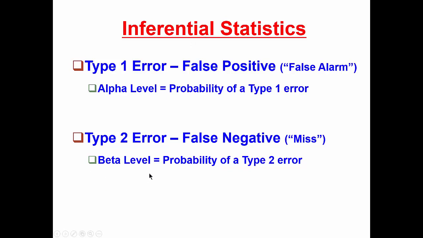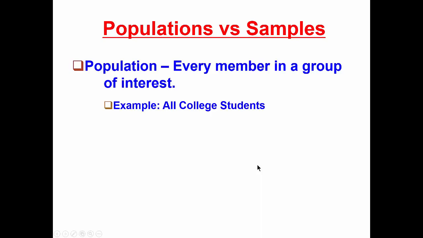And here we have the complementary kind of level. This is the beta level versus the alpha level. As one of these increases, the other decreases, as you might imagine. Okay, let's move on and learn a little bit more about populations and what we mean by that. A population is every member in a group of interest. One possibility would be that you and I as psychologists are interested in all college students.